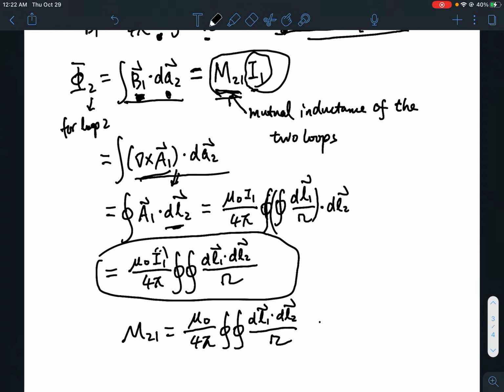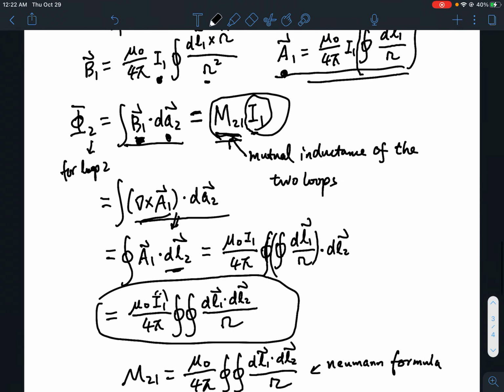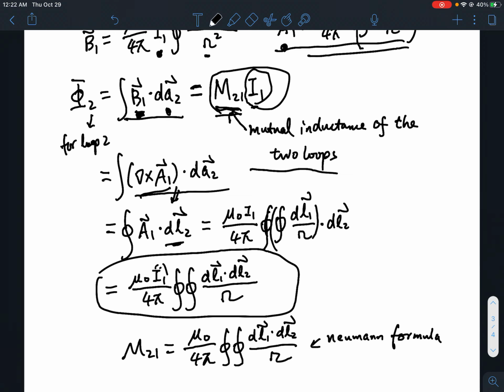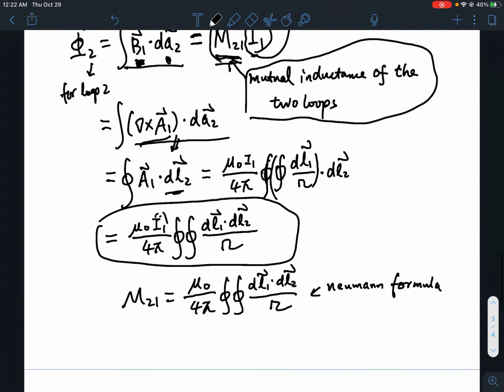This is also called the Neumann formula to calculate the mutual inductance of the two loops.